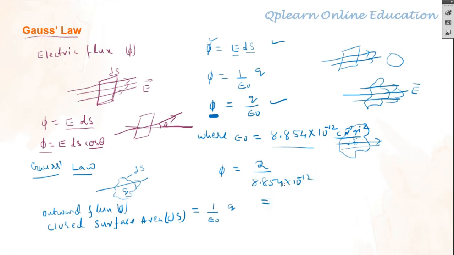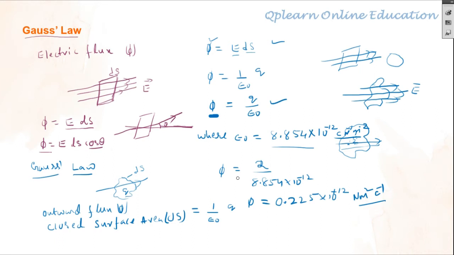You will get the answer 0.225 times 10 to the power of 12, moving outward. The SI unit of flux is newton meter square per coulomb.